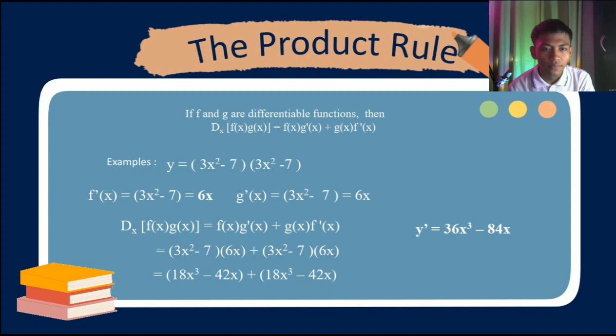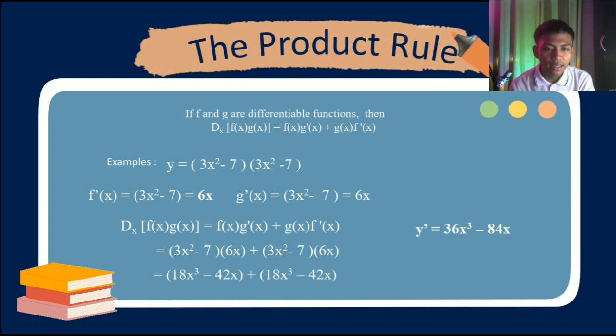3x squared. 3 times 2 equals 6, so 6x. And then we have the formula. We have to copy the formula: f of x times the derivative of g of x plus g of x times the derivative of f of x.